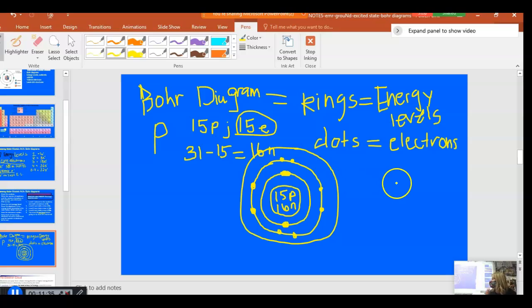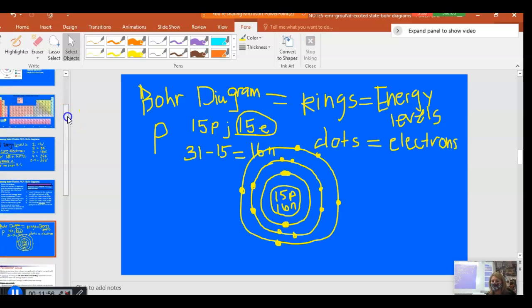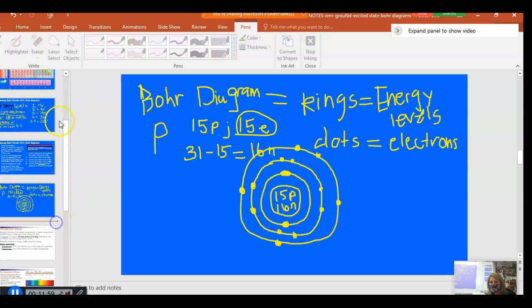And how many electrons are going to go on my last ring? 5. So 1, 2, 3, 4, and 5. That's my Bohr diagram.